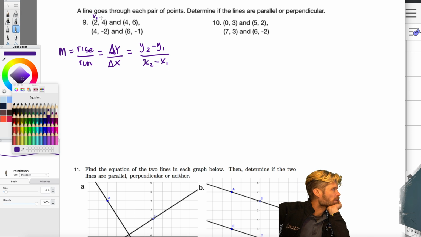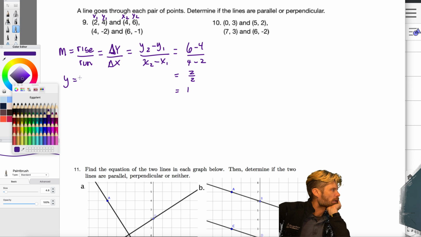So this is our first point, x1, y1, x2, y2. So we can say 6 minus 4 over 4 minus 2. I just substituted in right there. And that gives us 2/2, which is 1.